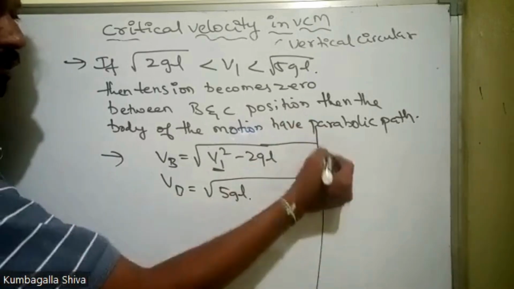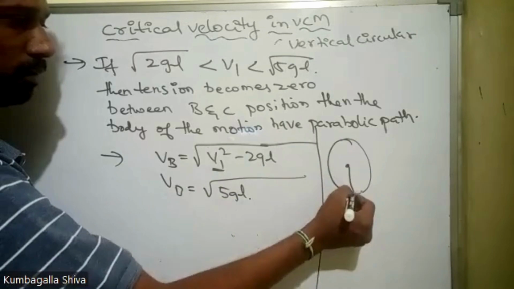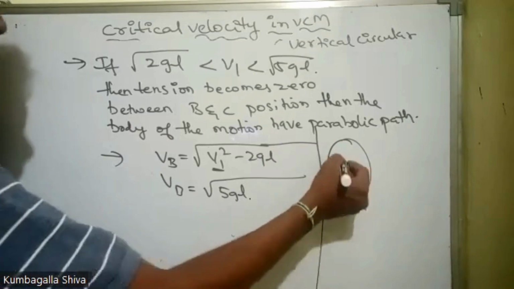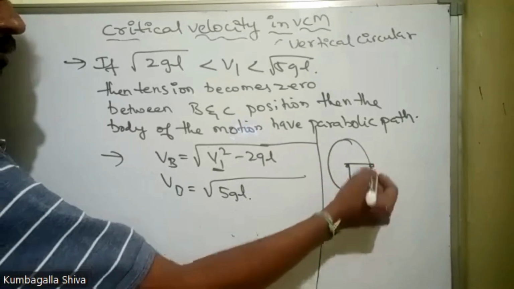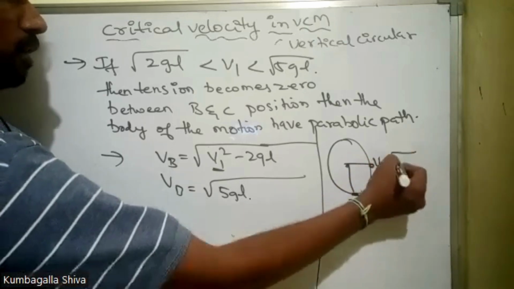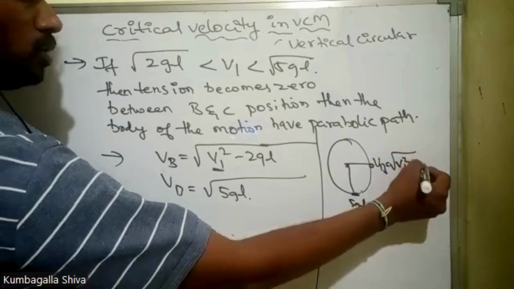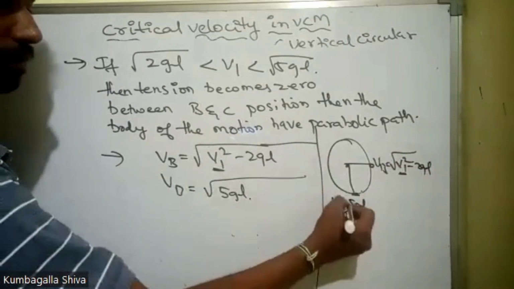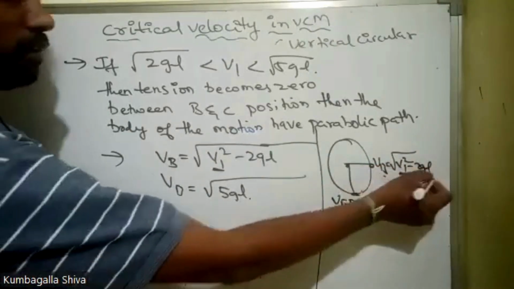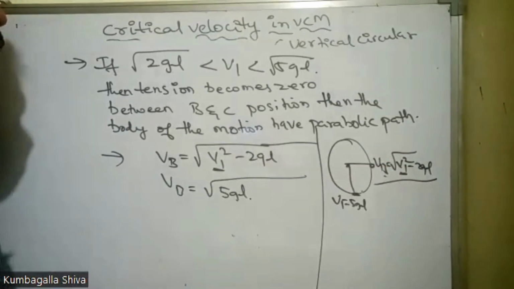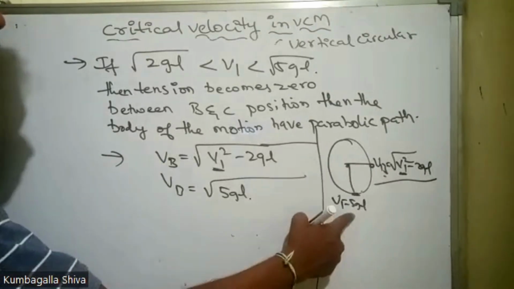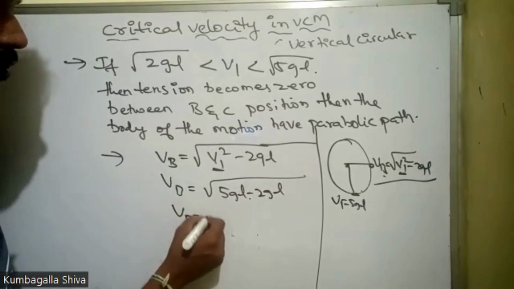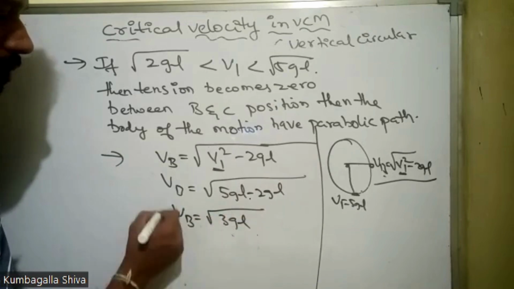Already we discussed this. So at the B position, you have VB equal to under root of v1 square minus 2gl. Substituting v1 squared as 5gl, minus 2gl, you get VB is equal to root 3gl.